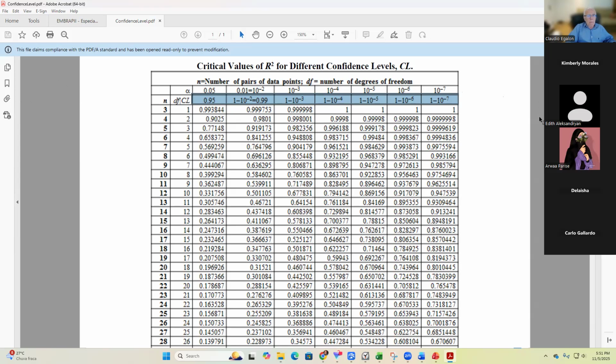So for the lower bound of the CL, you log this value here, 1 minus 10 to the minus 7. And for the upper bound, the maximum value, you log the number 1. Don't log 100, right? Log 1.